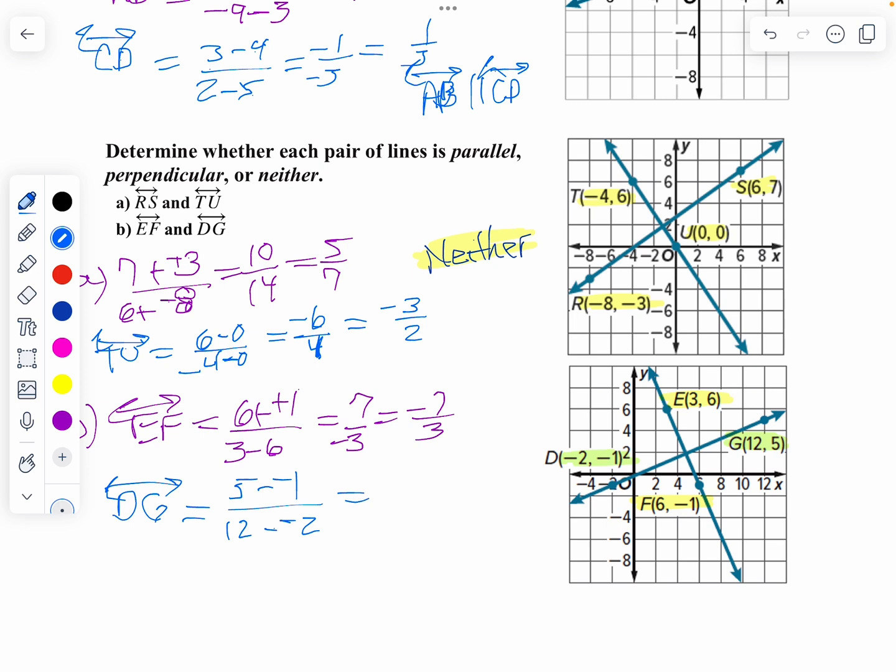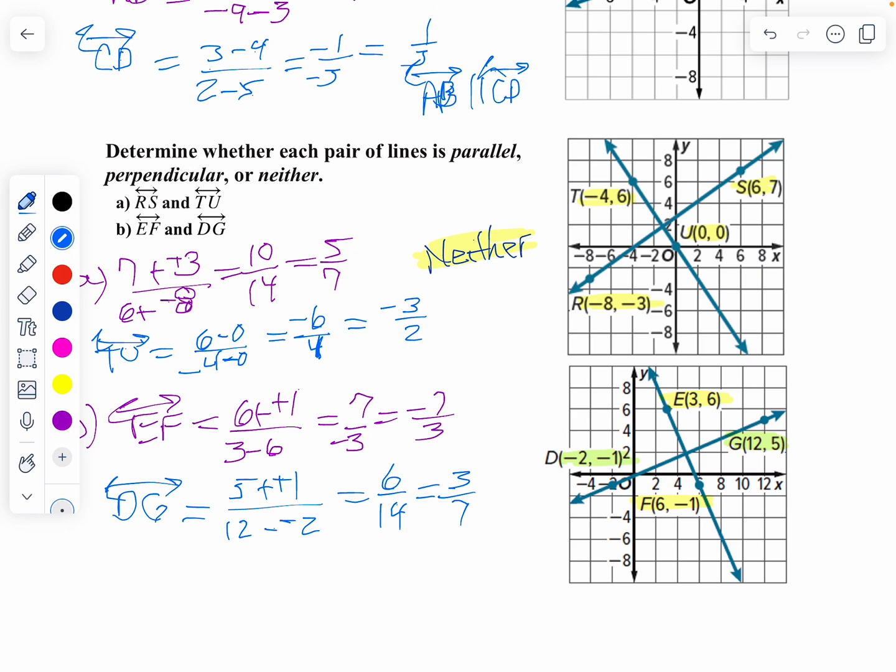Five plus 1 is 6. 12 plus 2 is 14. I divide by 2. I get 3/7. Notice they are opposite reciprocals.